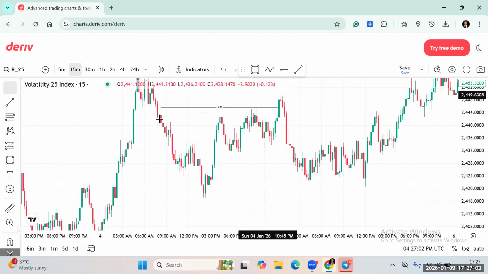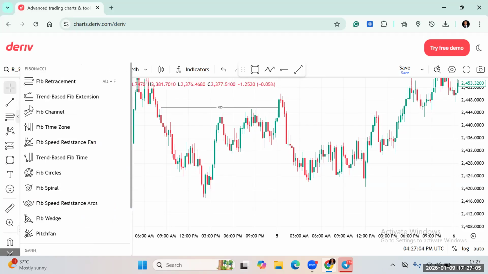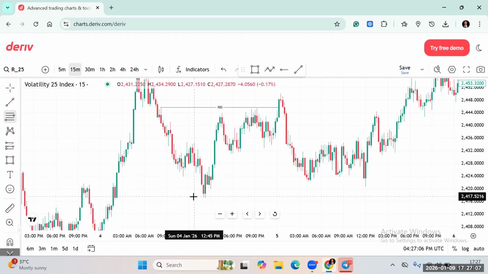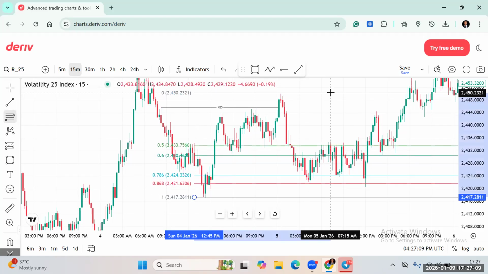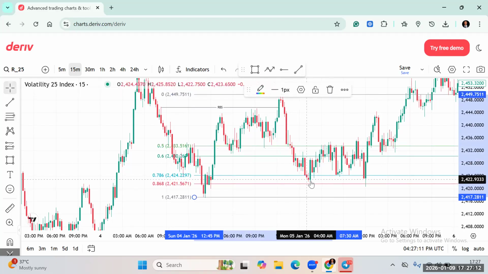So if you mark this full range, you wait for price to come back to your POI. And it came to 0.7, and this was when it got to TP.